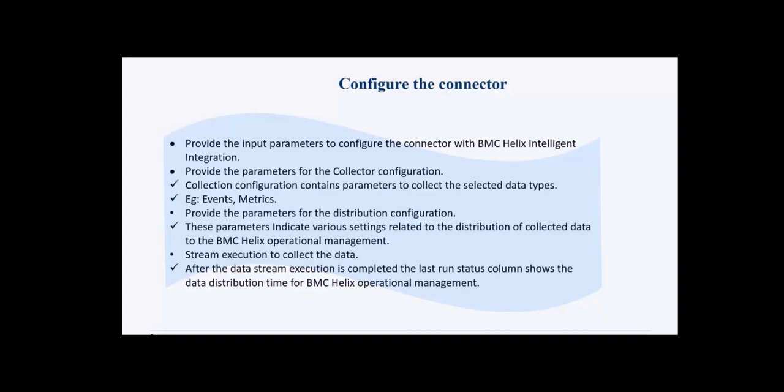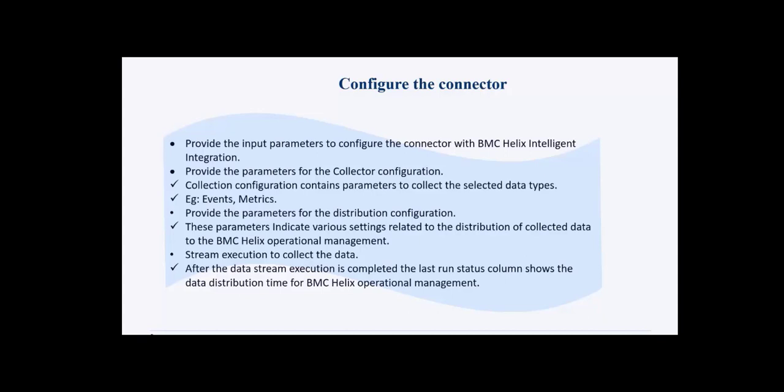Collector configuration means what data types you want to collect from the source to the operations management through Intelligent Integration, such as events, metrics, and topology. You can enable and disable these data types.